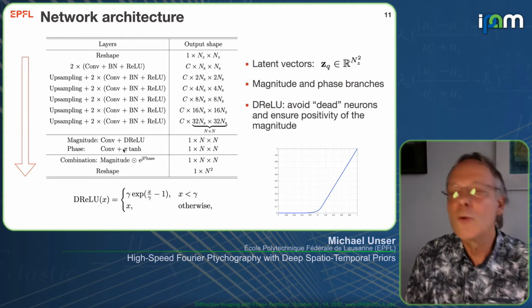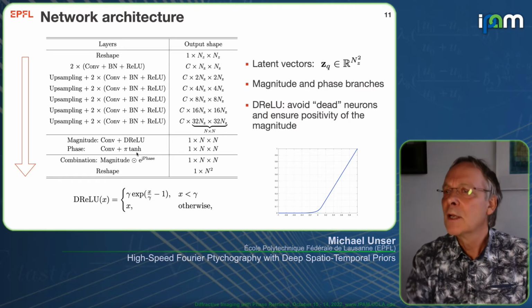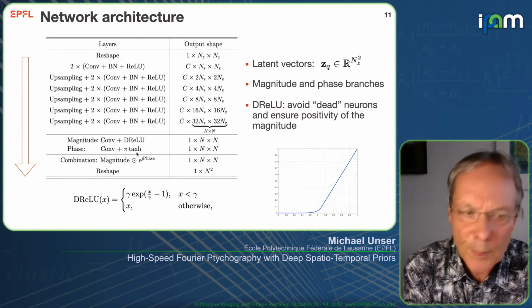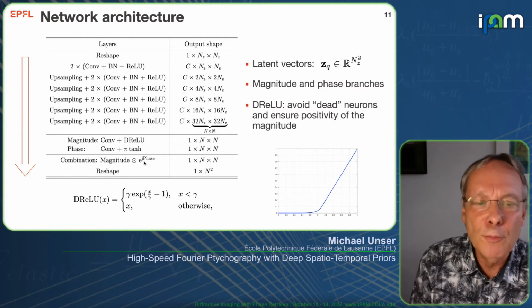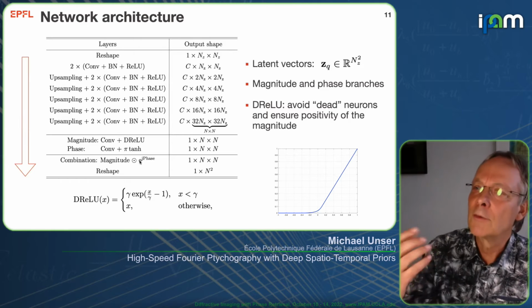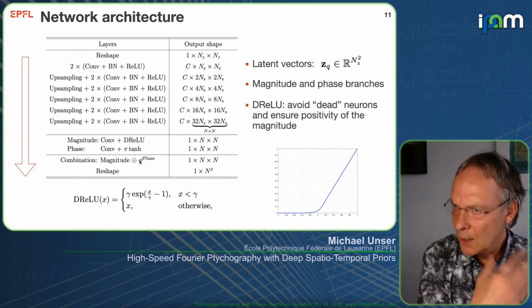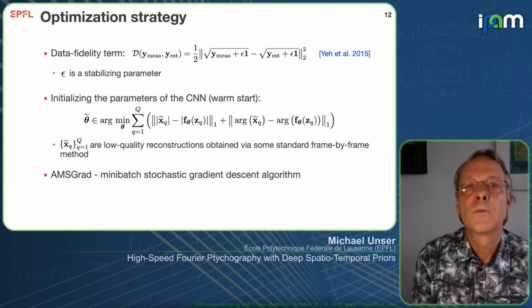And then there's another one that will produce the phase, and there we have an arctangent to produce a phase that is between minus pi and pi. You put that all together, and you're outputting a complex image, so you can visualize either the magnitude or the phase.